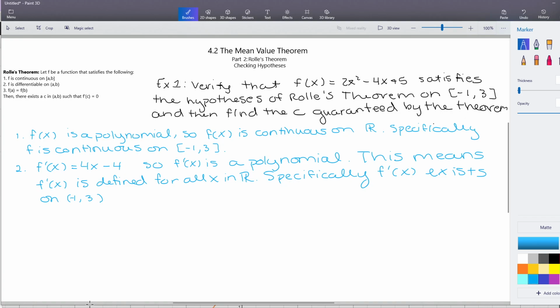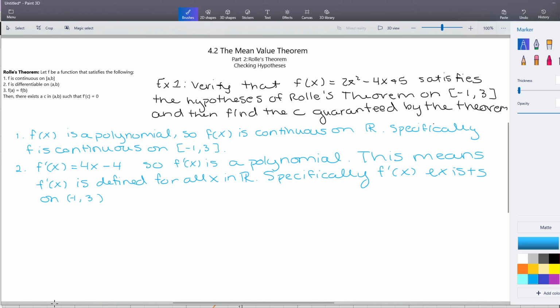Now, we do want to be this specific, right? We can't just say that the polynomial is continuous everywhere, right? We want to specifically say that the function is a polynomial, so it's continuous everywhere, and specifically on -1 to 3, right? The derivative is a linear function, which is a type of polynomial. So that function is defined everywhere. Specifically, it's defined on this open interval, -1 to 3.